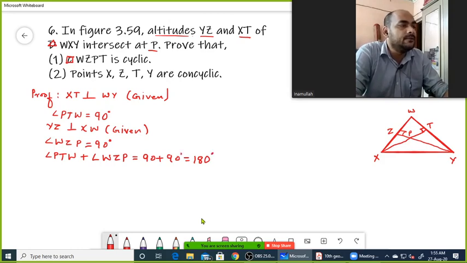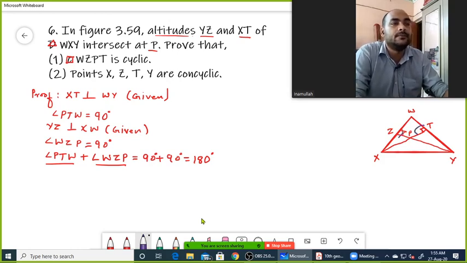And if you see angle PTW and angle WZP, here we are talking about these two angles, this one and this one, and they are opposite angles of quadrilateral WZPT. So one pair of opposite angles is supplementary.